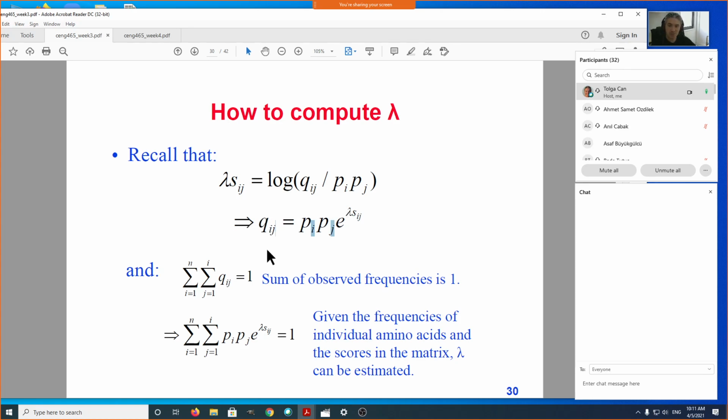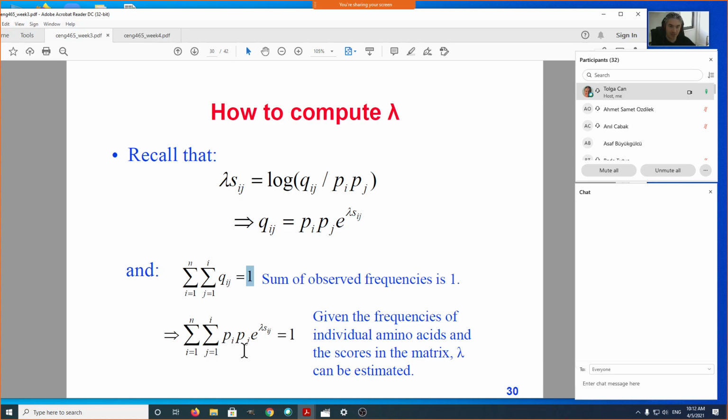But what we know is that this is a probability distribution over pairs of amino acids, so the summation should be 1. If we sum over all possible pairs of amino acids on the right-hand side, since these are Qijs, we can set the summation to 1 so that the unknown Qij is removed from this equation. Everything in this equation is known.